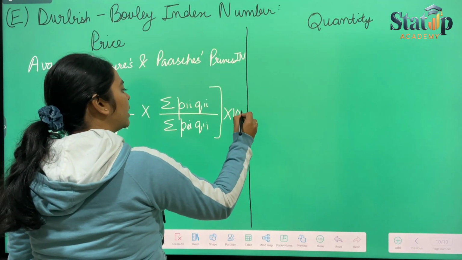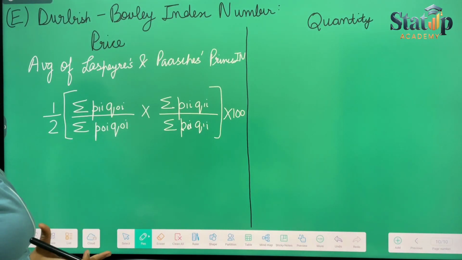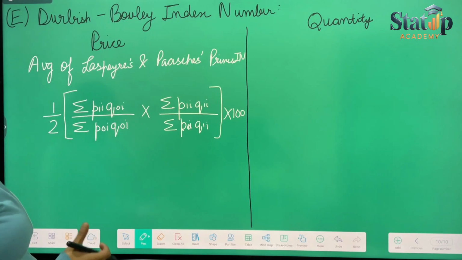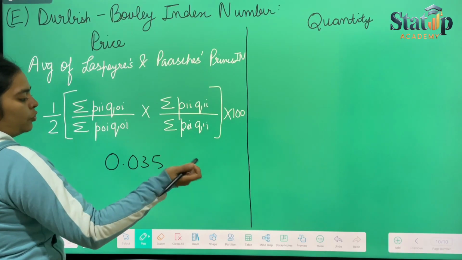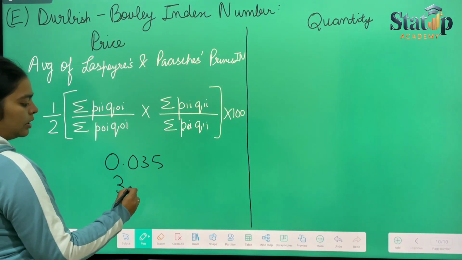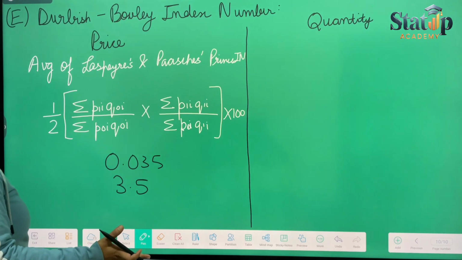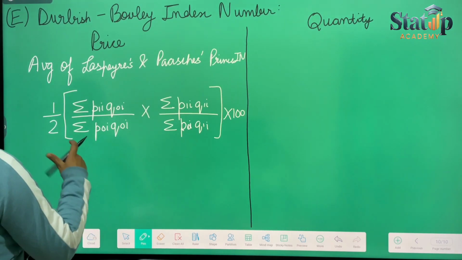We are multiplying by 100 just so that our calculation becomes easier, or our final outcome is easier to interpret. If the value comes out to be 0.035, then we won't be able to tell, but if the value is 3.5, then we can easily compare our values. That is why we are multiplying it by 100.